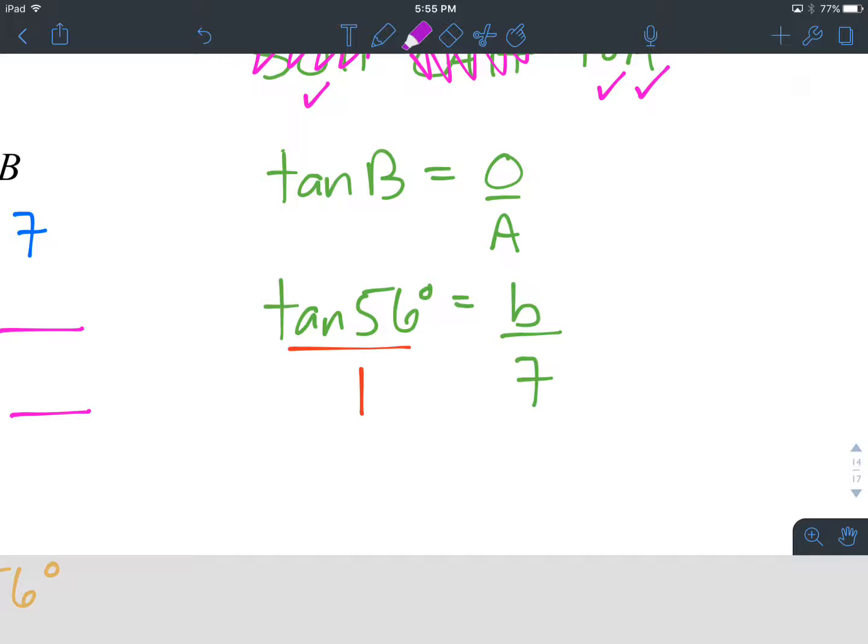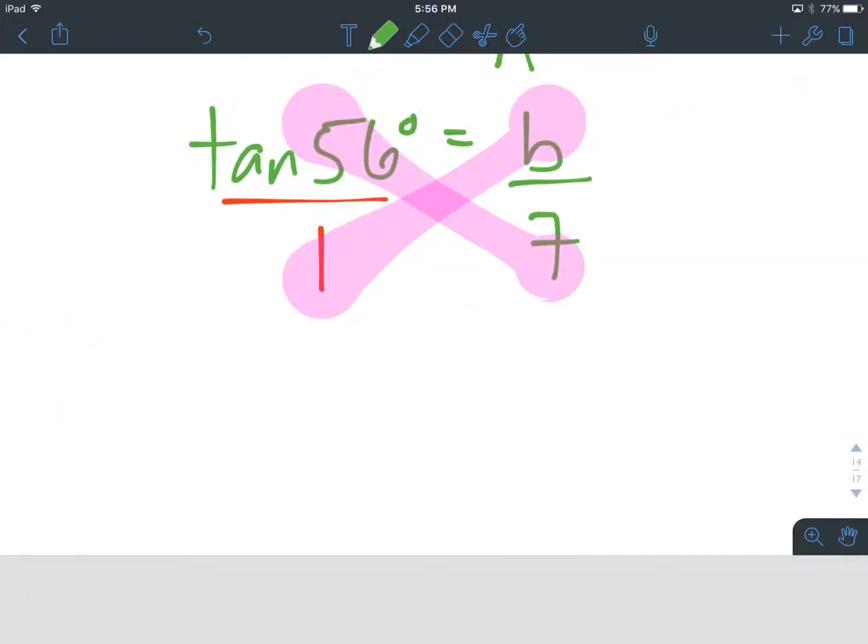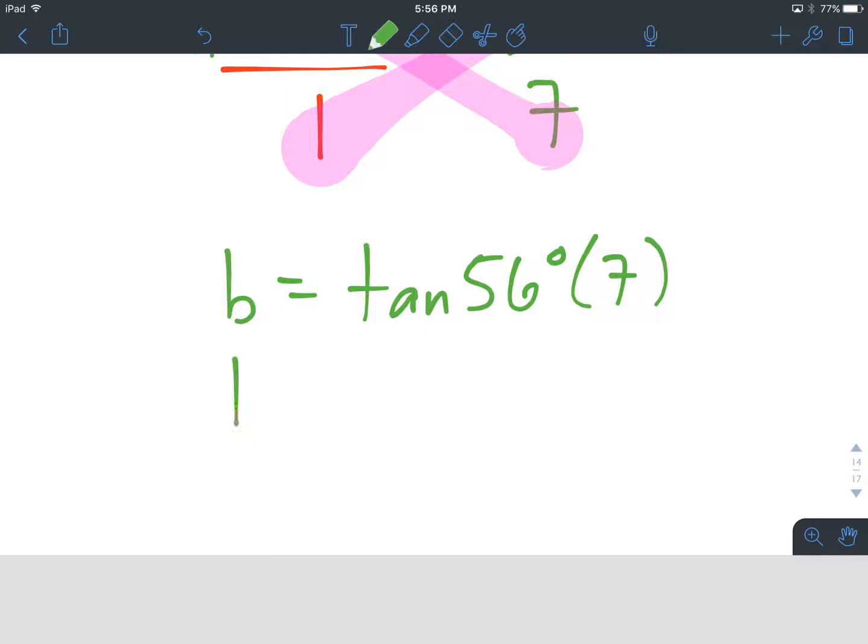So I'm going to do a cross multiplication here, and let's get b equal to the tan of 56 degrees times 7. And then I'm going to type that into my calculator. So the tan of 56 degrees, I'm going to multiply that by 7, and I'm going to get 10.377, so 10.4 will be my answer. And again, I'm going to put this right into the table, 10.4.